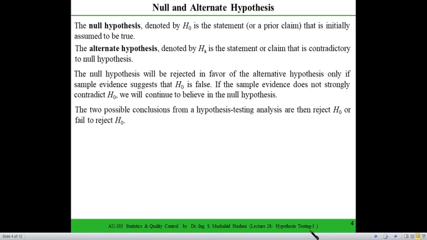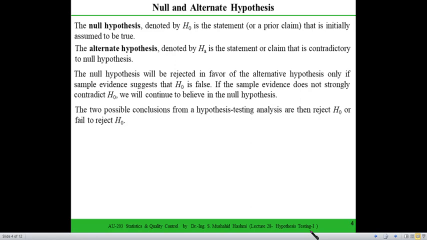So the two possible conclusions from a hypothesis test are either we reject the null hypothesis, or we fail to reject the null hypothesis. These are the two possibilities that may arise from hypothesis testing.